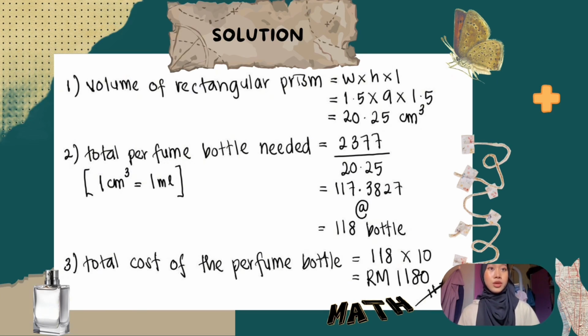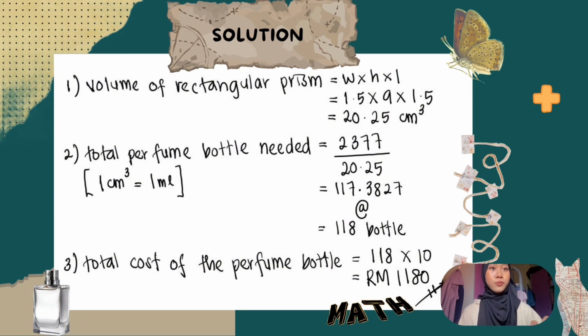Next, we can find the total perfume bottles needed. So we need to divide 2,377 by 20.25, and then we got the answer 117.3827, equal to 118 bottles.